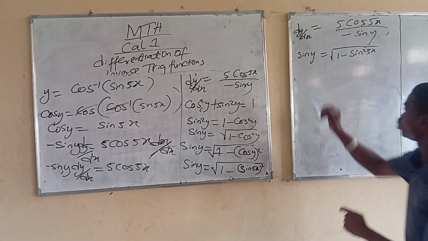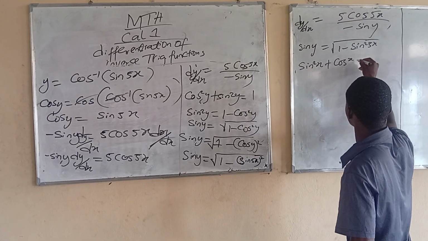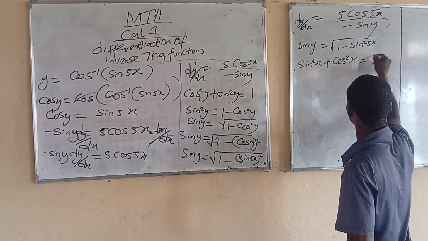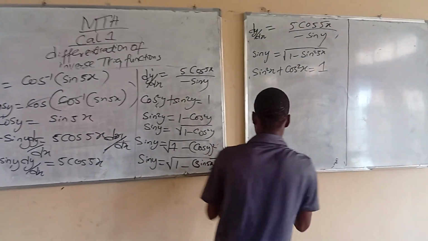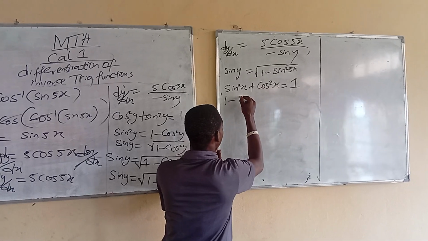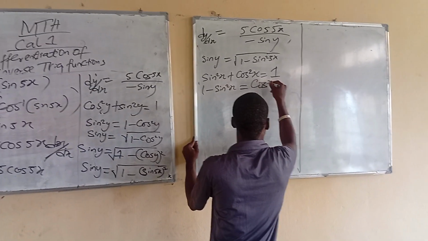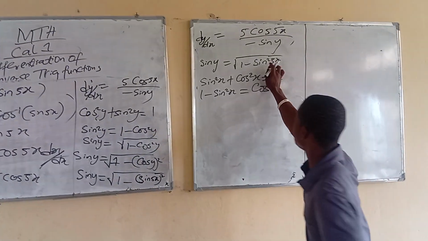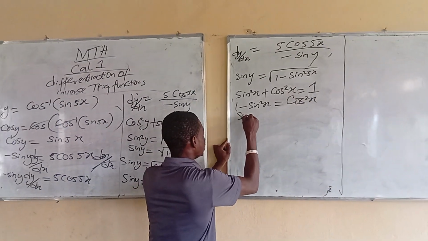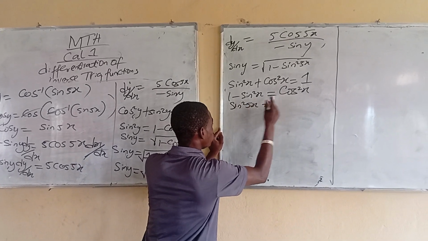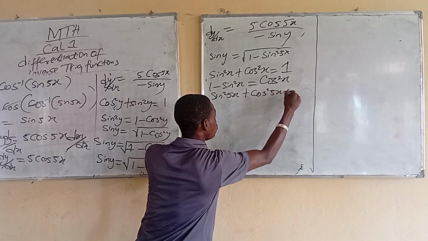Now recall that sine squared x plus cos squared x equals what? 1. Note this. Then 1 minus sine squared x equals what? Cos squared x, right? So the same thing applies here, 1 minus sine squared 5x. That means sine squared 5x plus cos squared 5x equals 1.